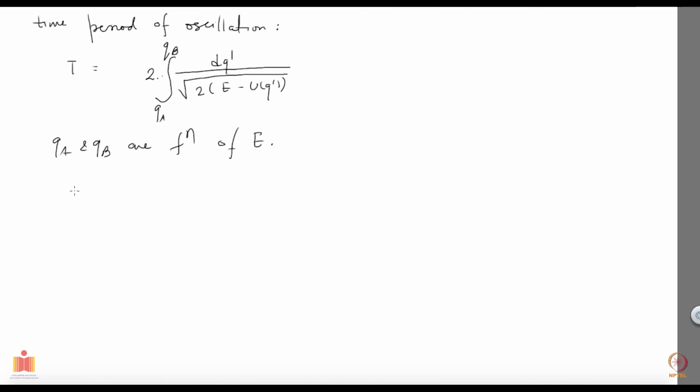Now let's take a specific example. So I want to take this example. My system is the following. I'm taking a one-dimensional system described by the following potential.